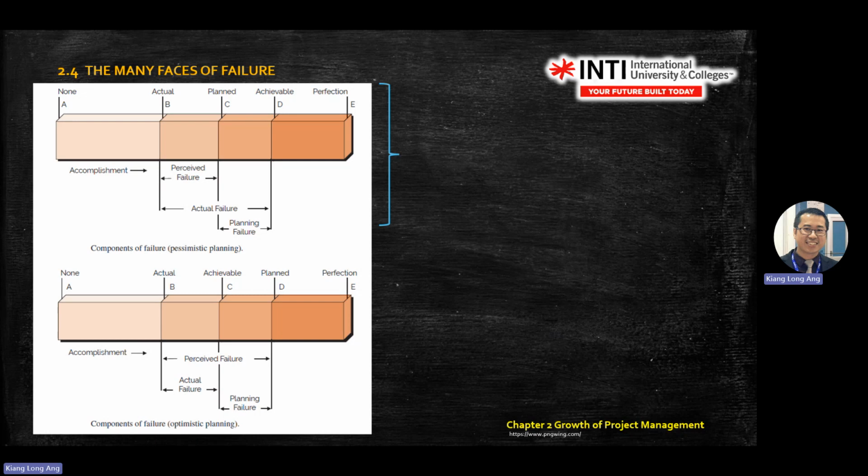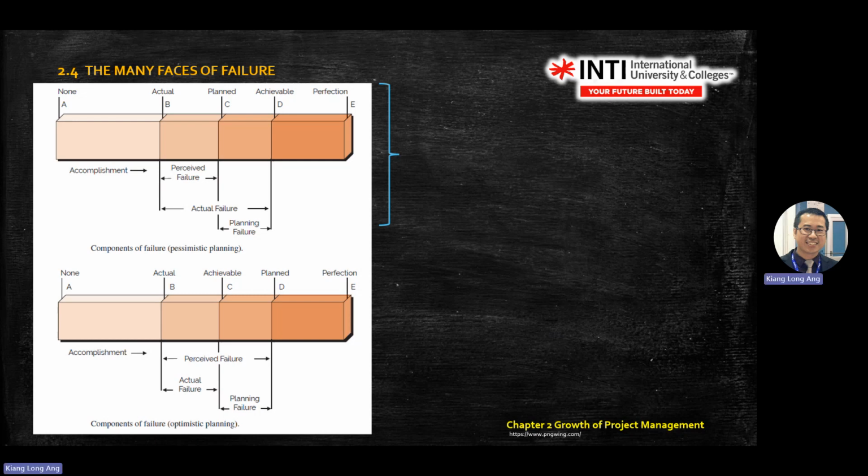If you are the top one, it's called pessimistic planning. It means you are very conservative in planning. At the bottom one, you are optimistic. Optimistic means you assume nothing happened, or you assume that the risk is low.